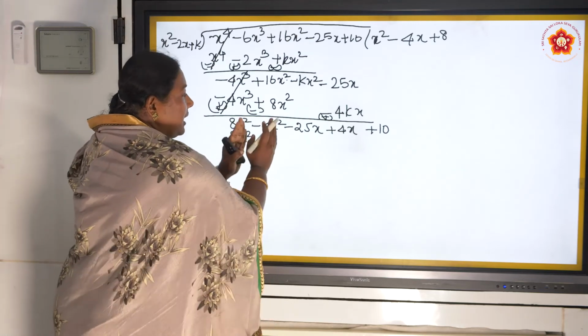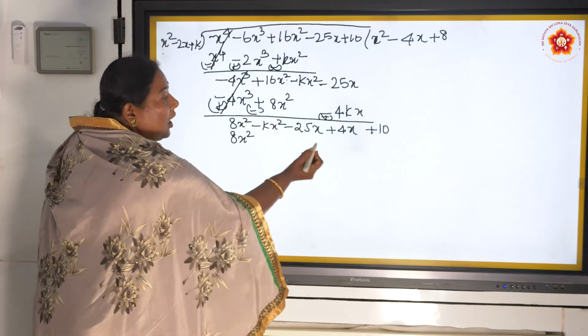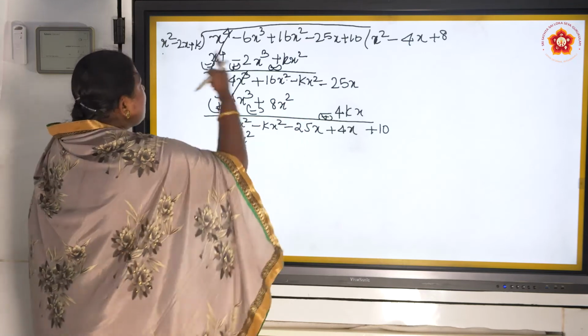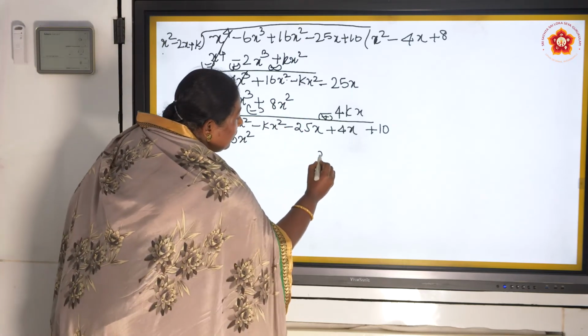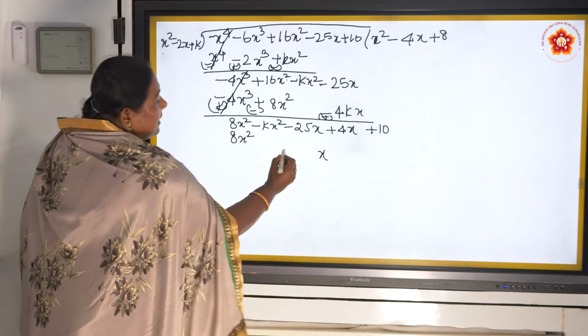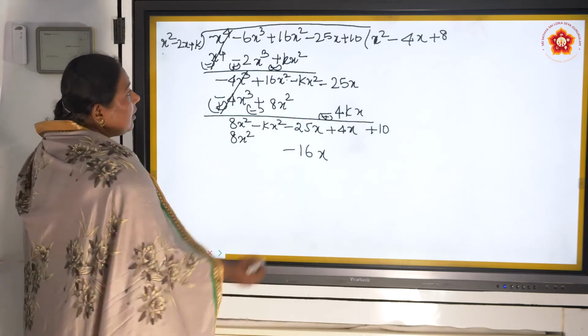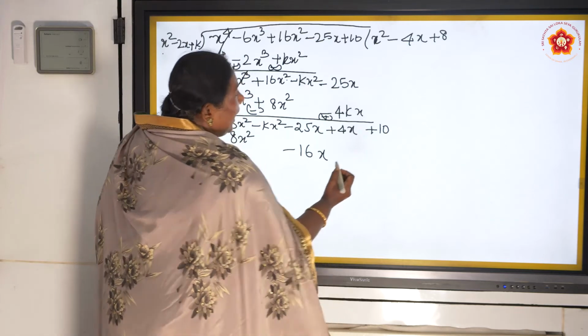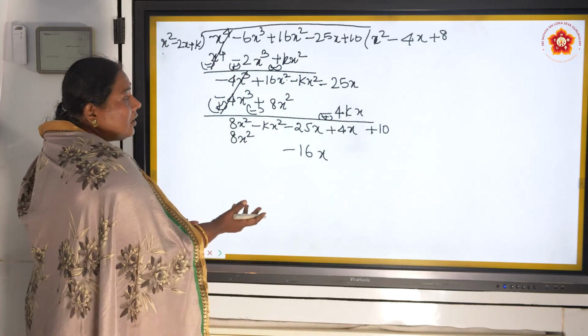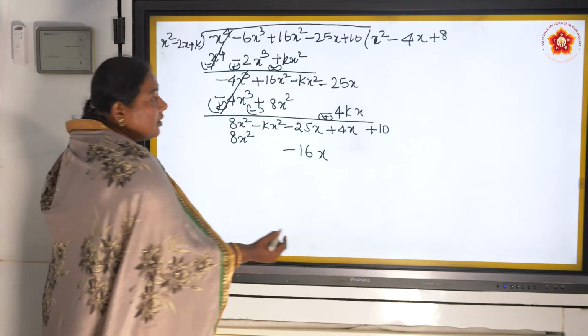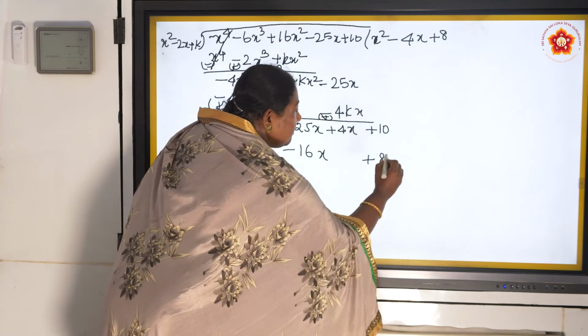So keep the term as it is, don't touch it. Write the like terms correctly. So here x means I have to write here only x, minus 16x. 8 into 2 is 16, right? Next one plus 8k. So where do I have to write this? Since it is a constant, write here.